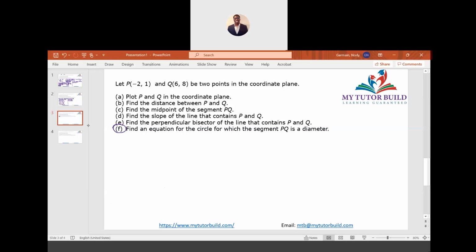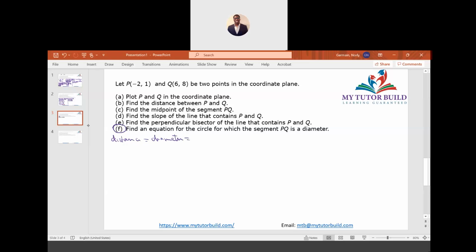diameter. So remember, when we plot these 2 points, you see the first point P is in the second quadrant, and the second point Q is in the first quadrant. So the distance between these 2 points is considered the diameter. That's what we need to remember here.